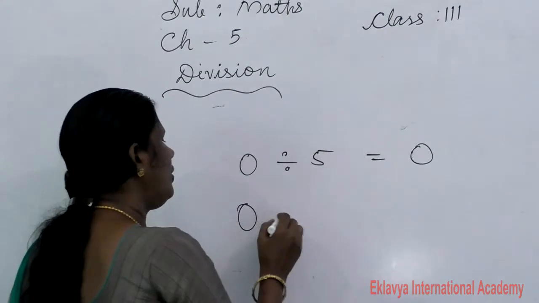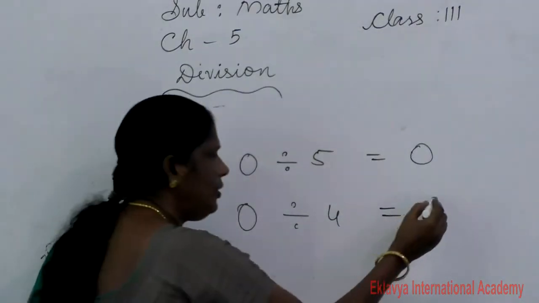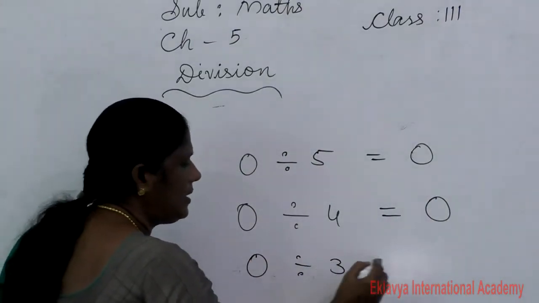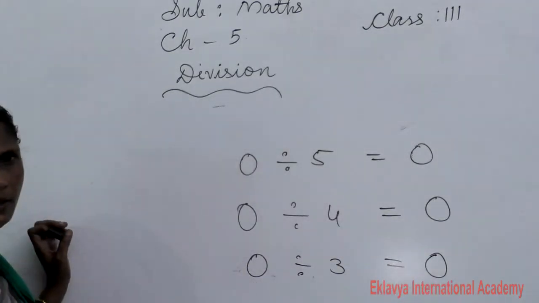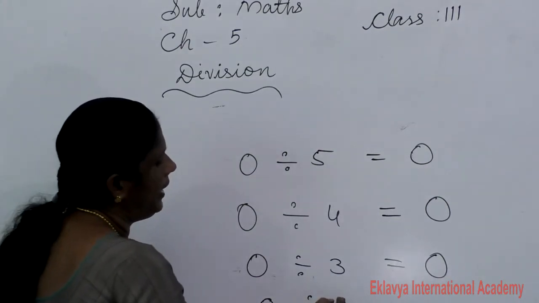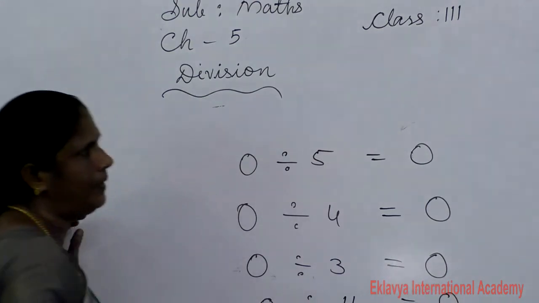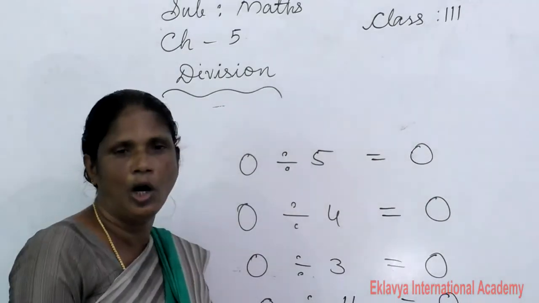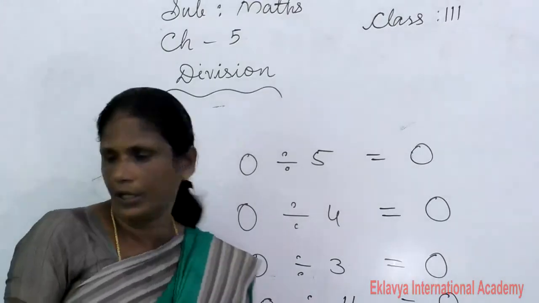Then 0 divided by 4 is equal to 0. Then 0 divided by 3 is equal to 0. Then 0 divided by 11 is equal to 0. Which property is this? Property of 0.